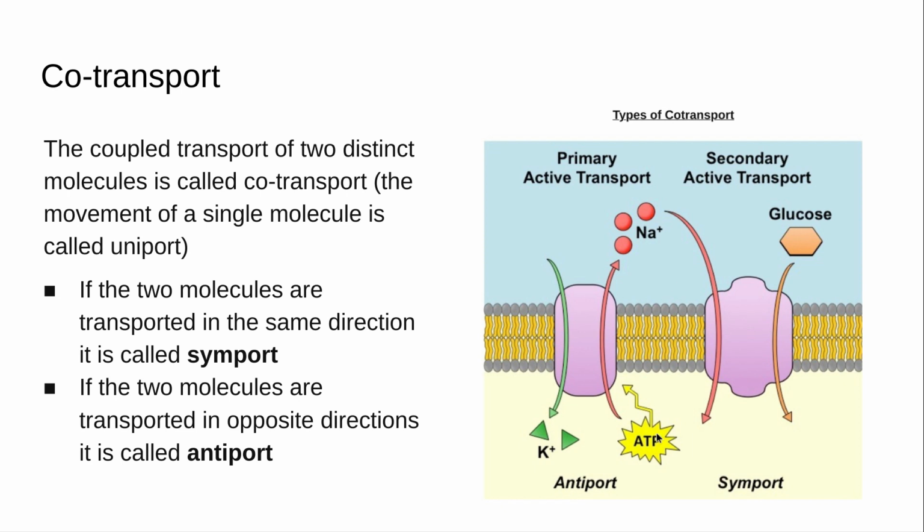But in the sodium potassium pump, which is one of the major pumps in brain activity, neuromuscular junctions and so on, ATP powers the movement of three sodium ions across the membrane, and that creates a gradient which causes potassium to move through the same pump but in the opposite direction. Because it is moving in the opposite direction, it is called antiport.